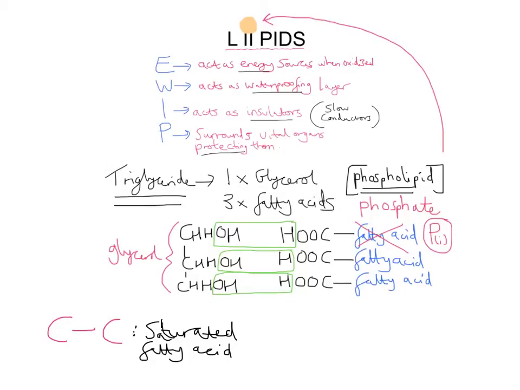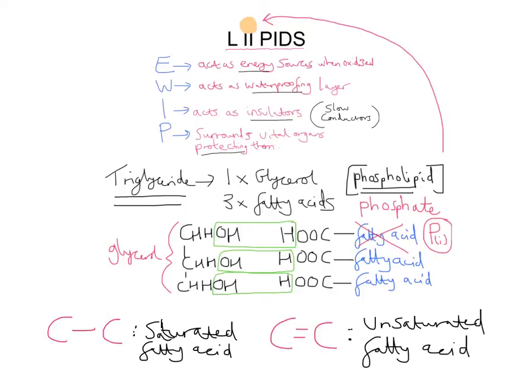If in the molecule you were to see this, the presence of a double bond between two carbons, that would be an unsaturated fatty acid. So unsaturated fatty acids have at least one carbon-to-carbon double bond.